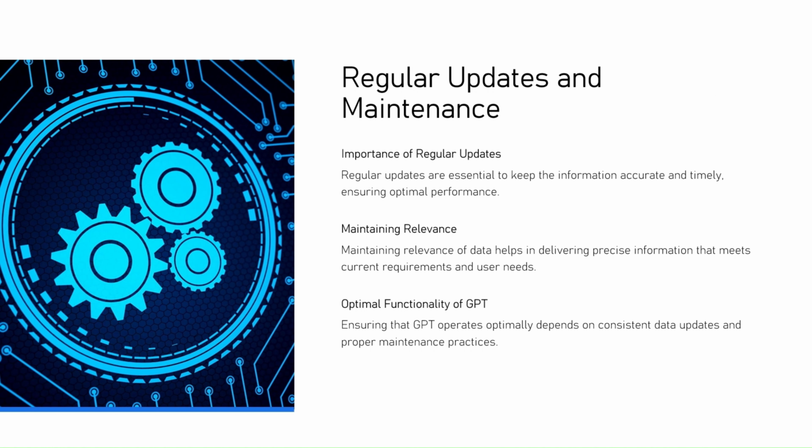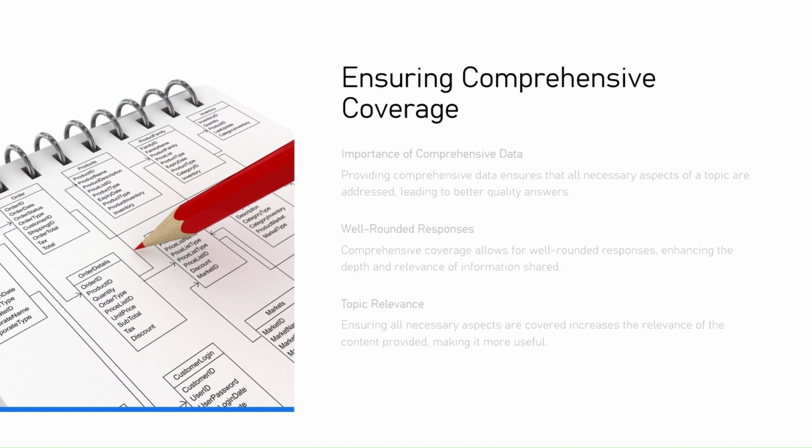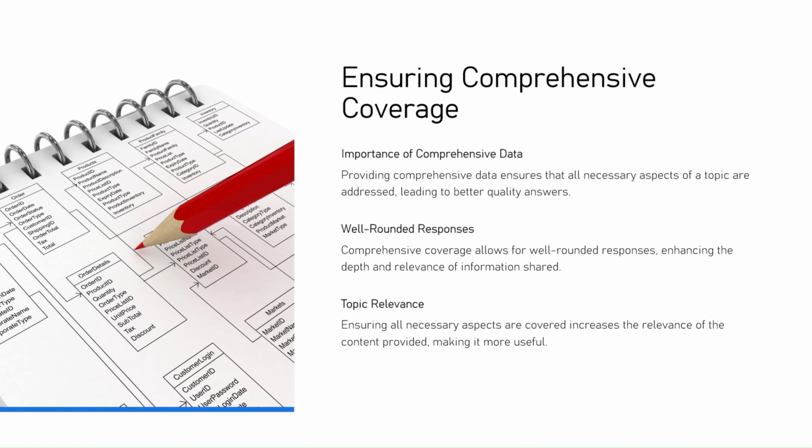Keep your data fresh, relevant, and up to date. Updated information helps GPT work better and give you accurate answers. Give all the key details about your topic. The more complete your info, the better GPT can answer you.